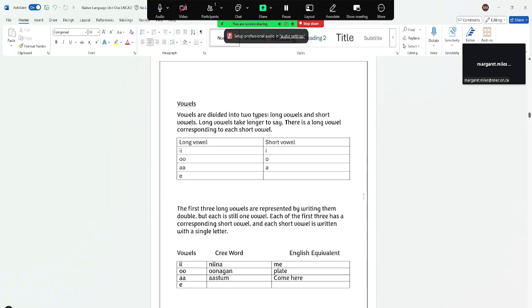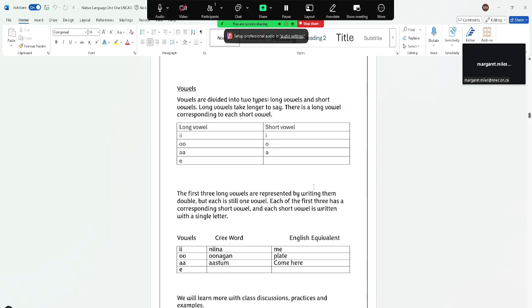So vowels are divided into 2 types: long vowels and short vowels. Long vowels take longer to say, and the long vowel corresponds to each short vowel.